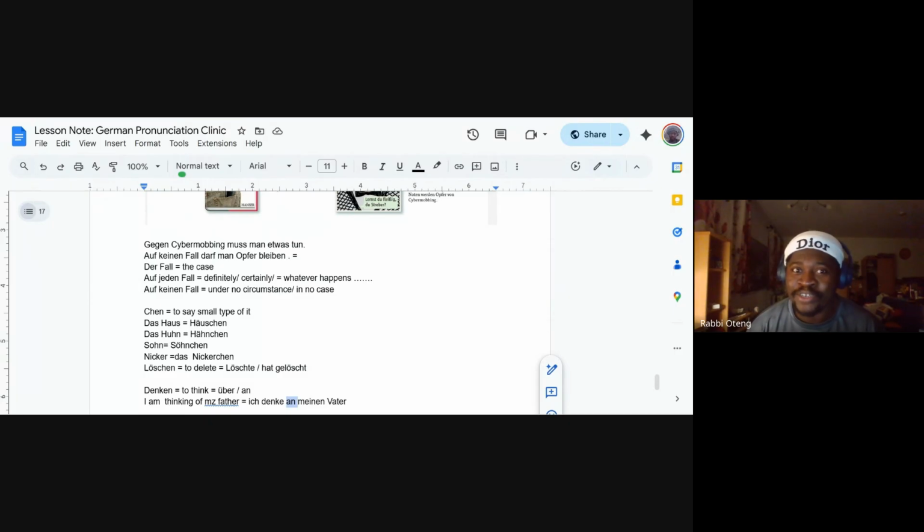But when this preposition comes before any noun, I'm not saying always, but when something is used like in a case, once a noun is following it, just know that regardless whether it's starting or ending, even if there's no verb, we use it this way: an meinen Vater. Okay. Alright. He's thinking an meinen Vater, and you want to say, I'm thinking about my wedding, will be what?